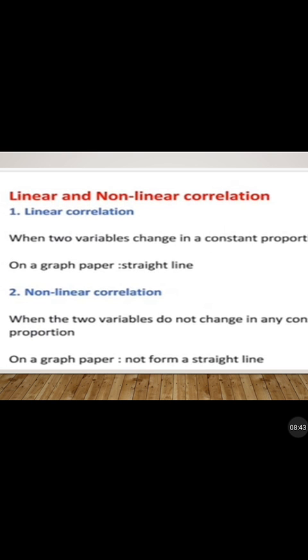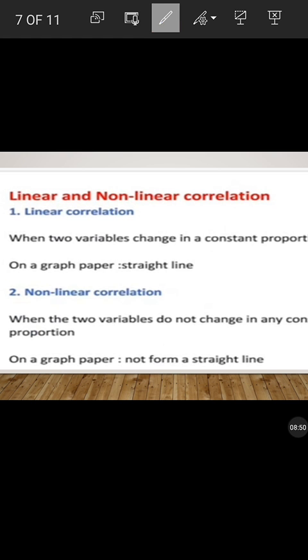For example, take price and quantity demanded. Now when the price is 2 rupees, quantity demand is 4. Okay, if the price is 12 rupees, let us take 12, then the quantity demanded is 4. If the price is reduced to 10 rupees, then the quantity demanded will be more, that is 6.